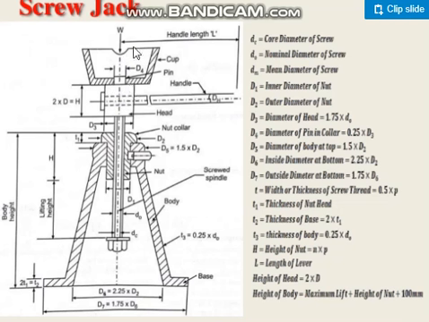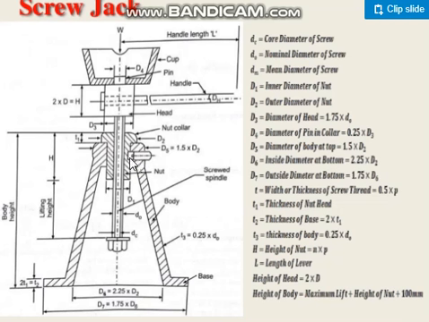This is how our screw jack looks. There are many models of screw jacks. You may find different things, but for our design what we do is this. And here you see there is one locking arrangement. This nut should not rotate in the body. So to prevent the rotation, they put some grub screw or some other locking arrangement.